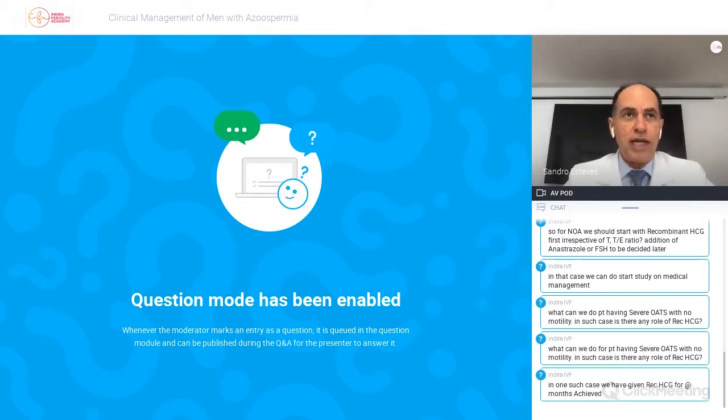So I would recommend in this case to change from ejaculated sperm to testicular sperm, no doubt about that. If this case were conducted in our center, we would go for testicular sperm immediately to improve the outcome, using conventional testicular sperm extraction, not needle aspiration.